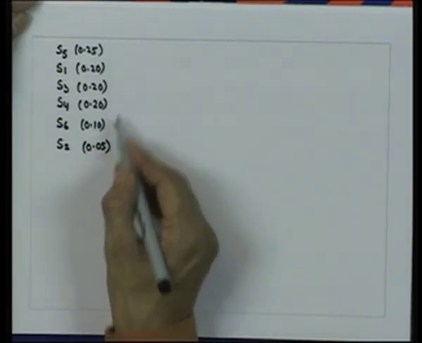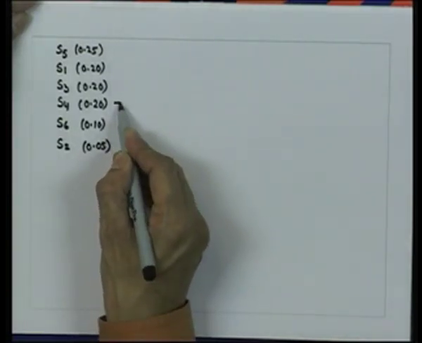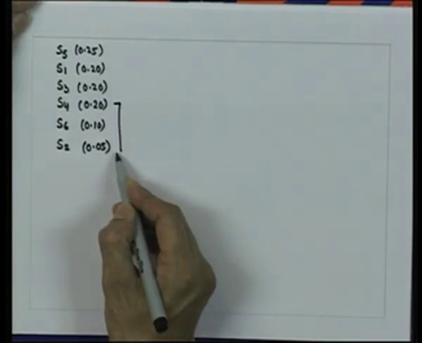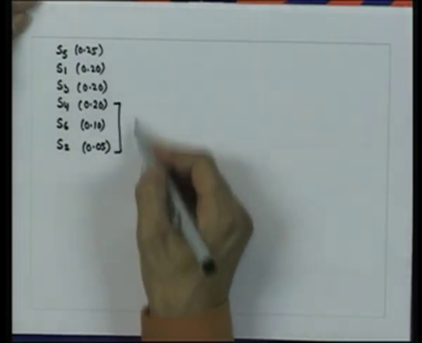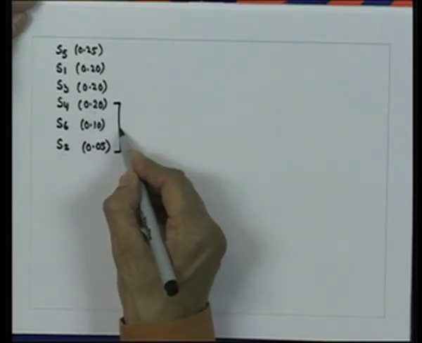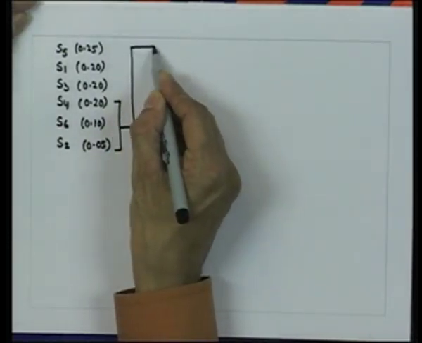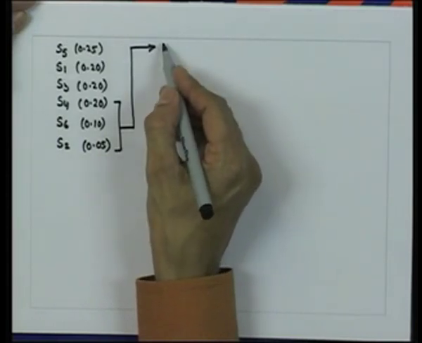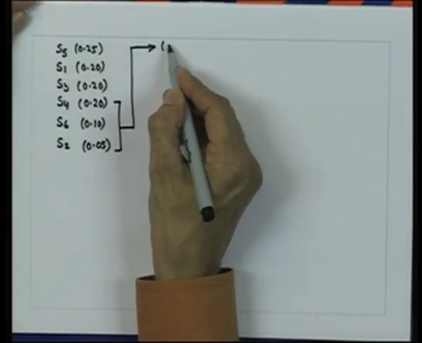So, now without adding any dummy symbol, we will add up, we will get a reduced source by combining the 3 source symbols and then place it here. I will just indicate the probabilities of the new symbols.